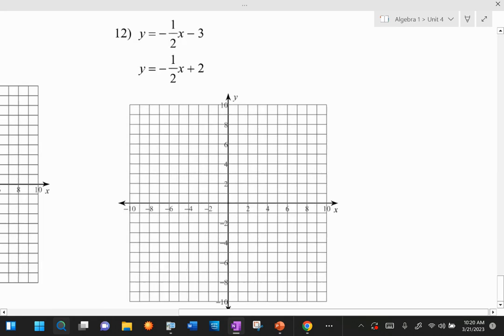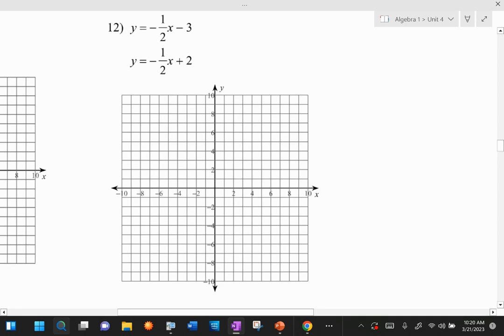If we do number 12, I bet we can get in one more after 12. Well, that's your slope. So it's your rise over your run.